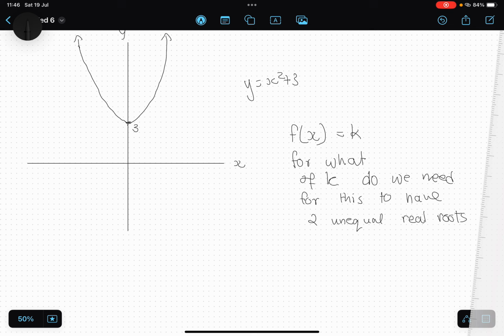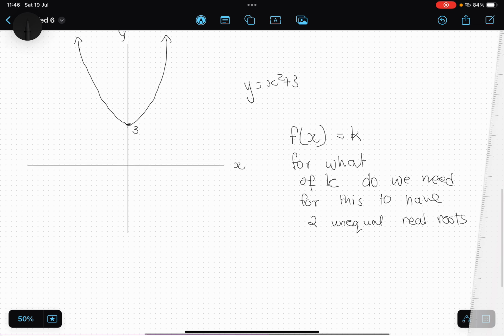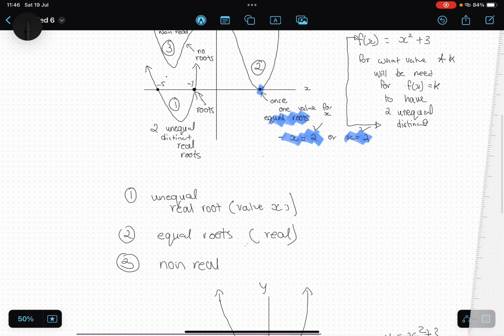Going back to our theory, for this to have 2 unequal real roots, we need it to have two x-intercepts, 2 x solutions.